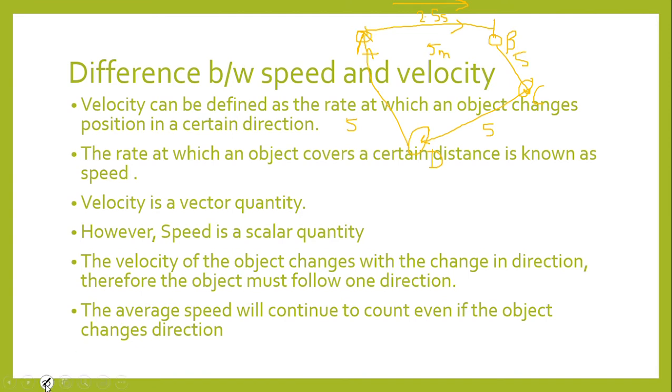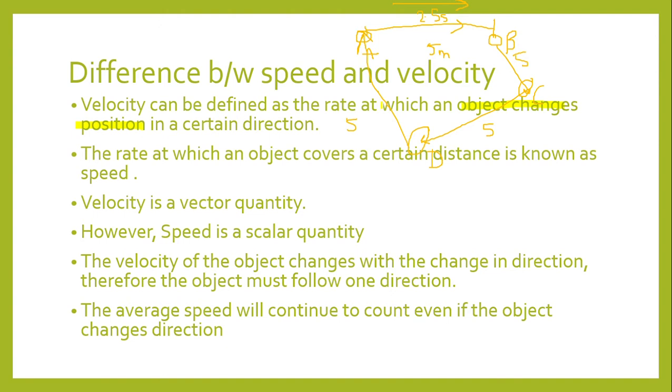I'm just going to change the color and change the pen to a highlighter. Okay, so now we are talking about the velocity, right? Velocity, if you read the definition again, is defined as the rate at which an object changes its position in a certain direction. Now, in this case, ask yourself a question. What you have to identify is the final change in position.